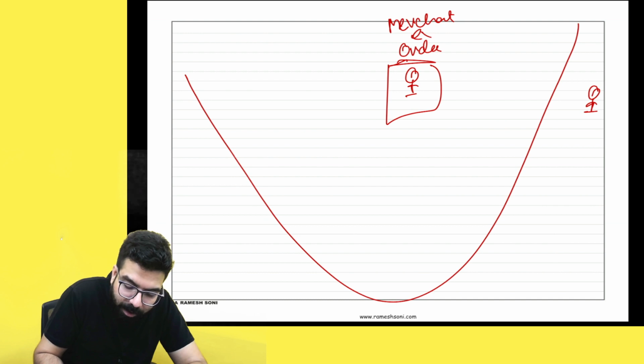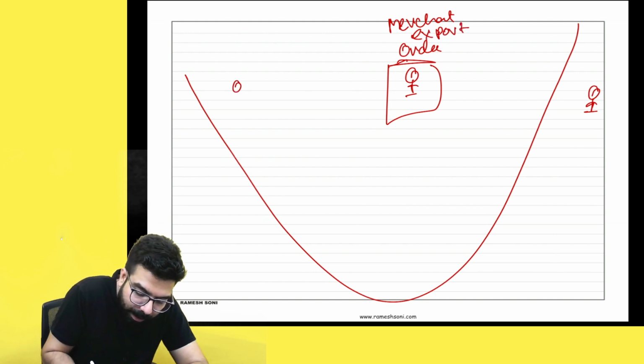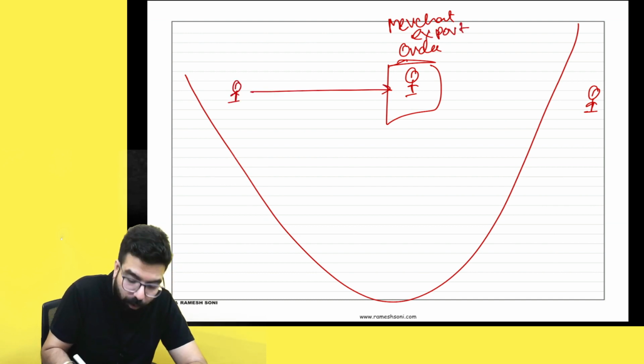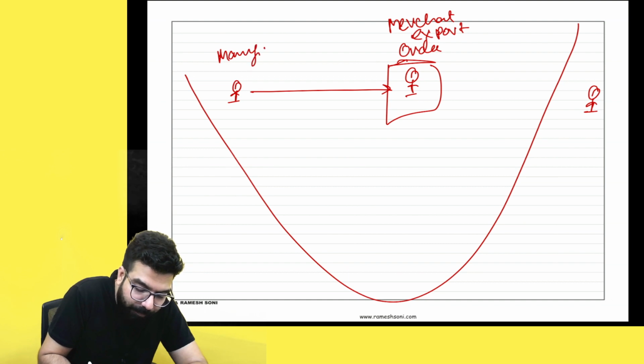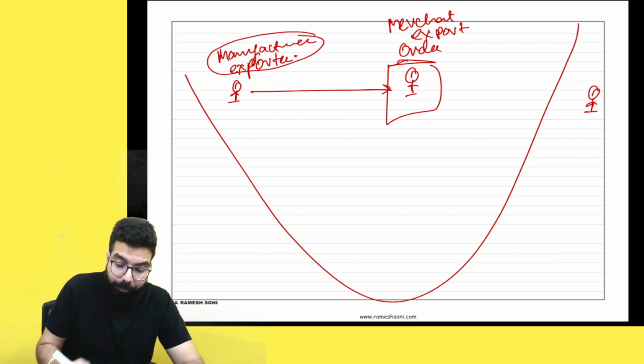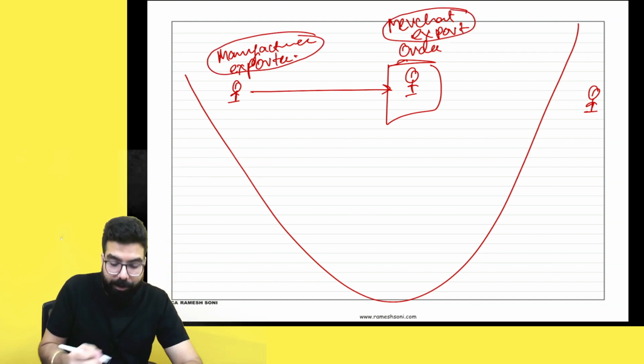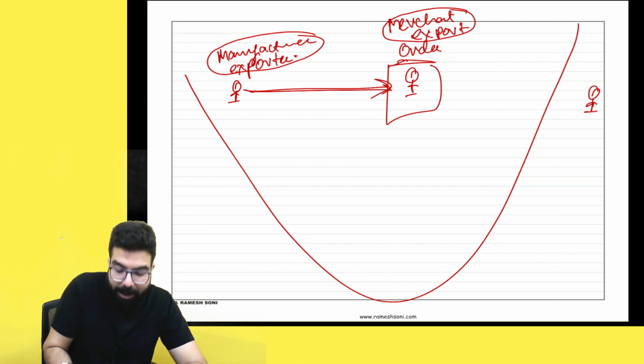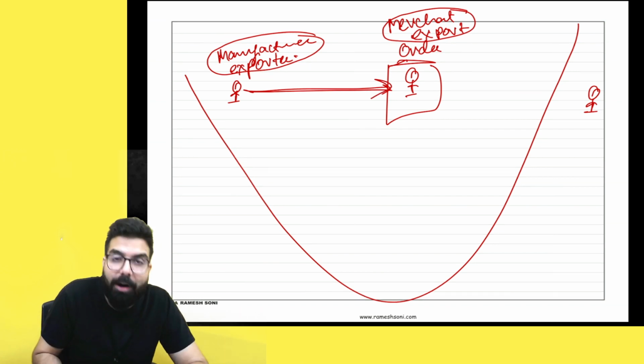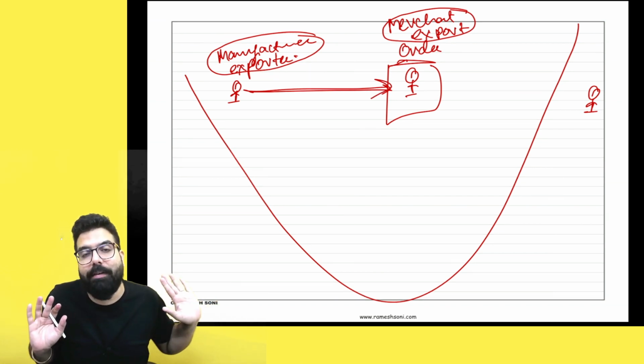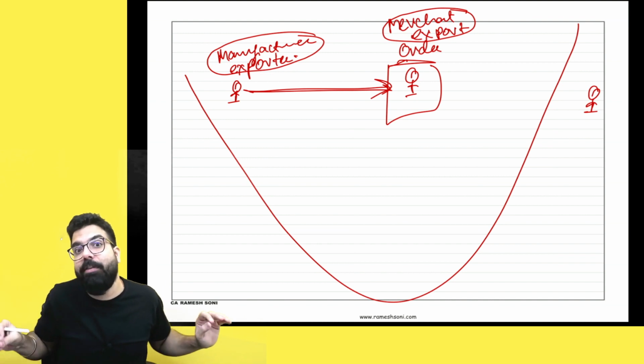Merchant exporter means I will buy from other manufacturers who are manufacturing the goods. Merchant means who just does buying and selling. Manufacturer means who will manufacture and export.